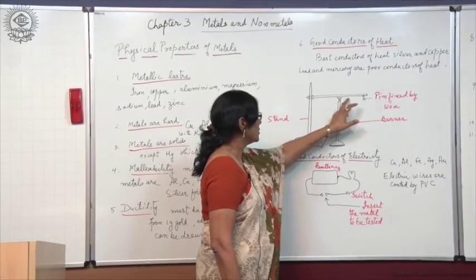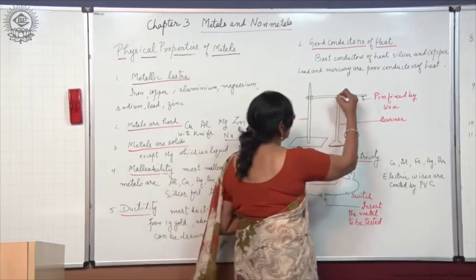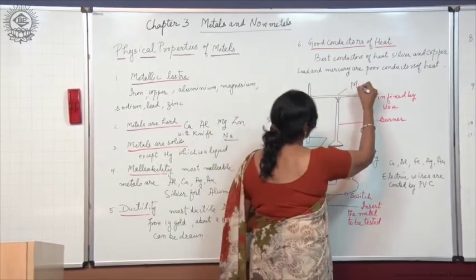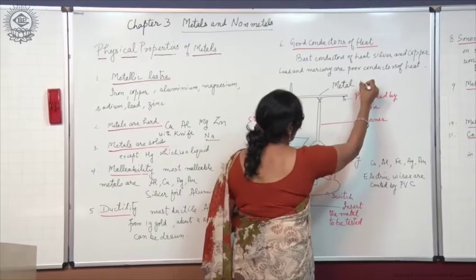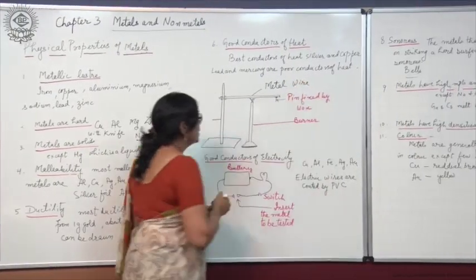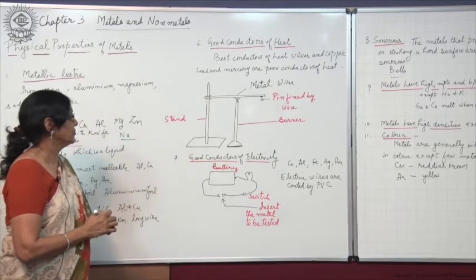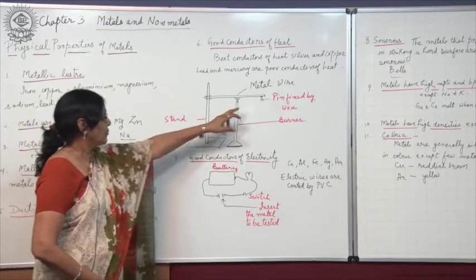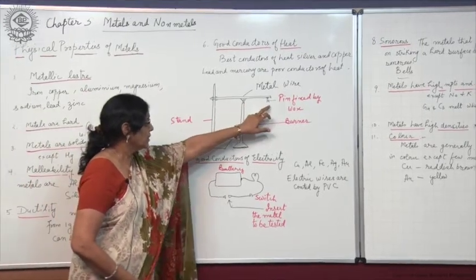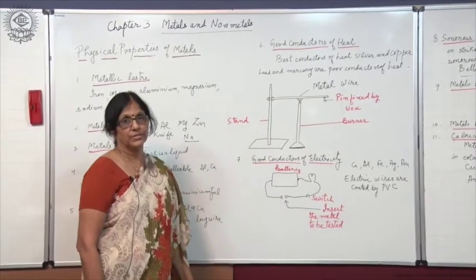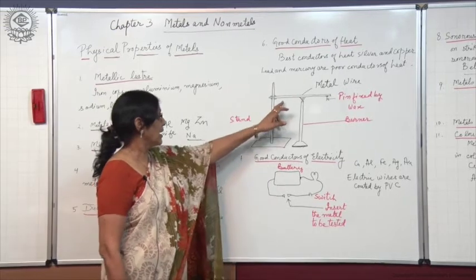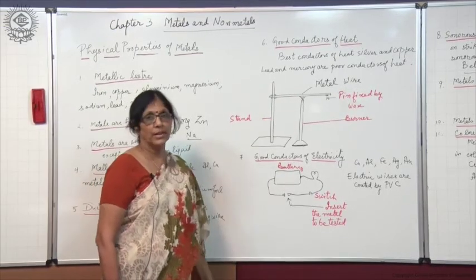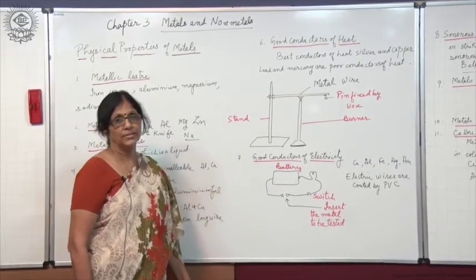Also, an activity can be performed to study the next property of metals. This activity can be performed in the lab. Fix a metal wire with the help of a stand and fix a pin with the help of wax. Now, place a burner at one end of the wire and heat the wire.